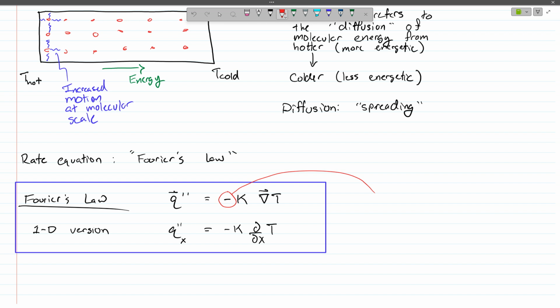And since thermal energy flows opposite, from hot to cold, we need that negative sign to indicate that heat flux moves the other direction.